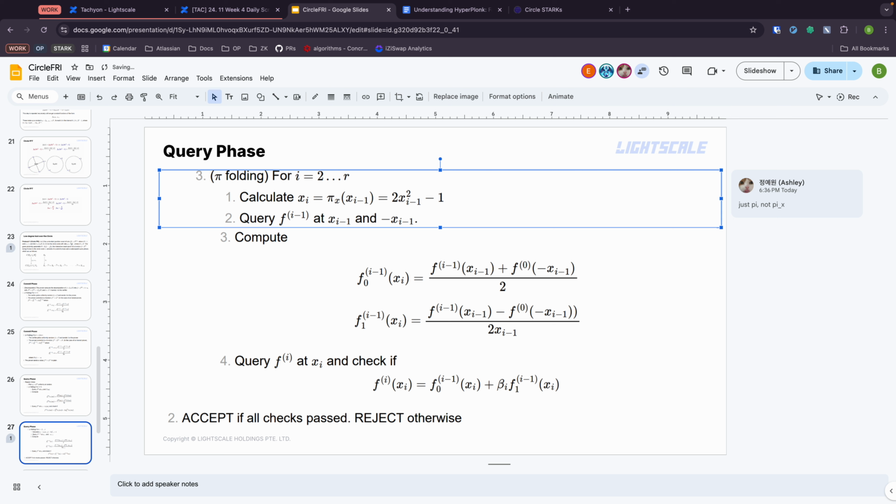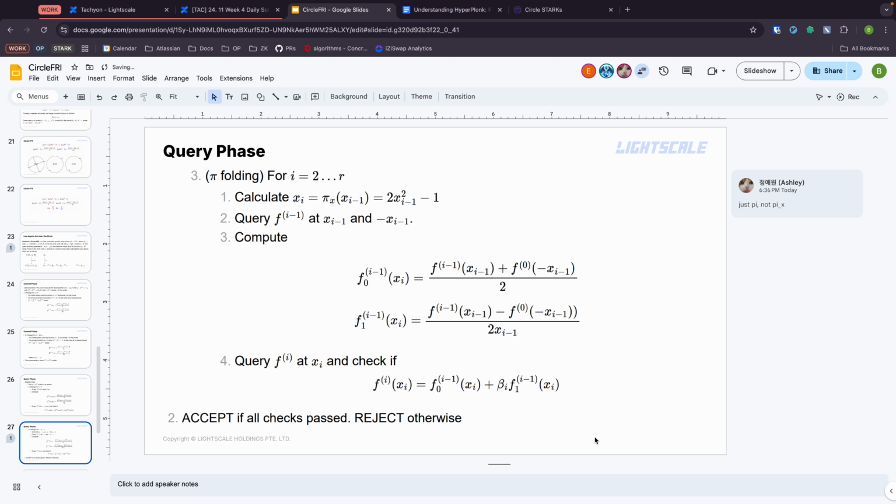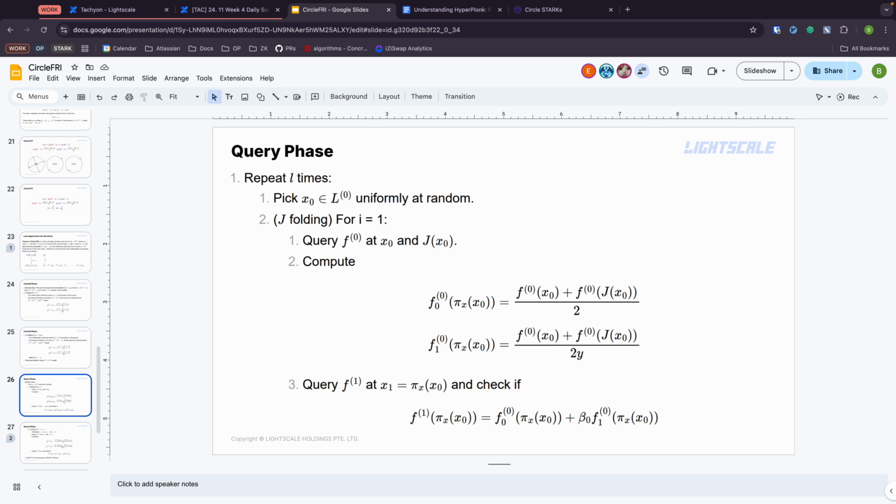Okay, I have a question. I actually have two. One, do they use Merkle commitment? Yeah, because you said commitment in the commit phase. I think they will use the same Merkle commitment. Then in the query phase, the verifier should also verify the Merkle proof, right?